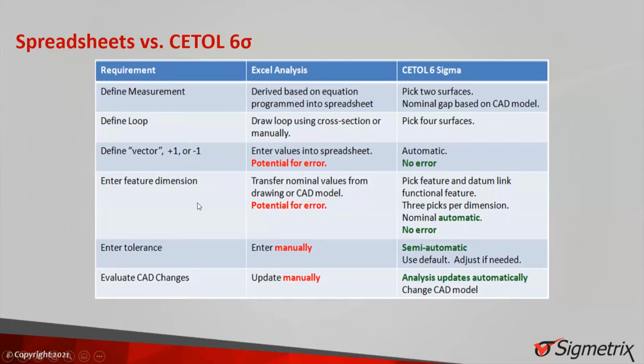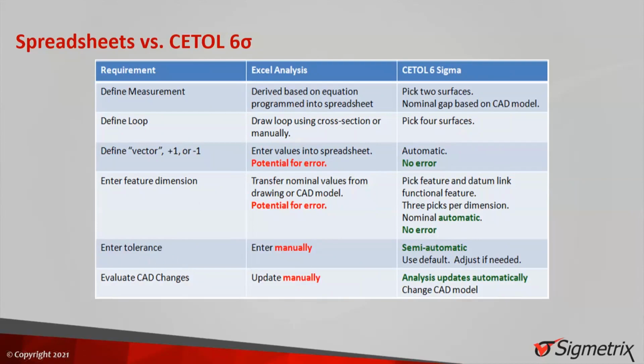And also about the nominal, CAD nominal. So when you change the CAD nominals, you have to update it in the spreadsheet. But in CETOL, you don't worry about that. It is also updated automatically, just one click. And also the tolerance value, it is the same.